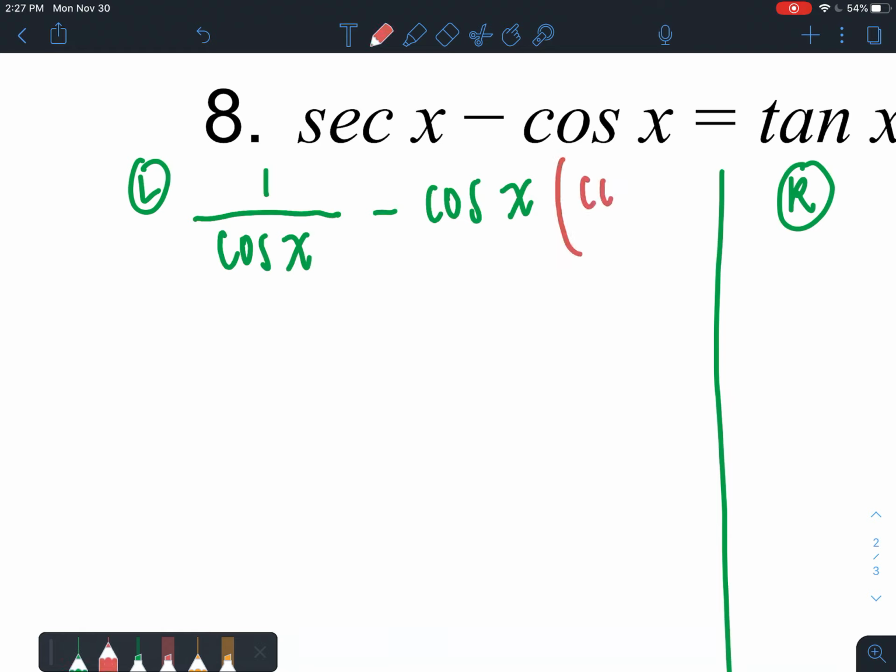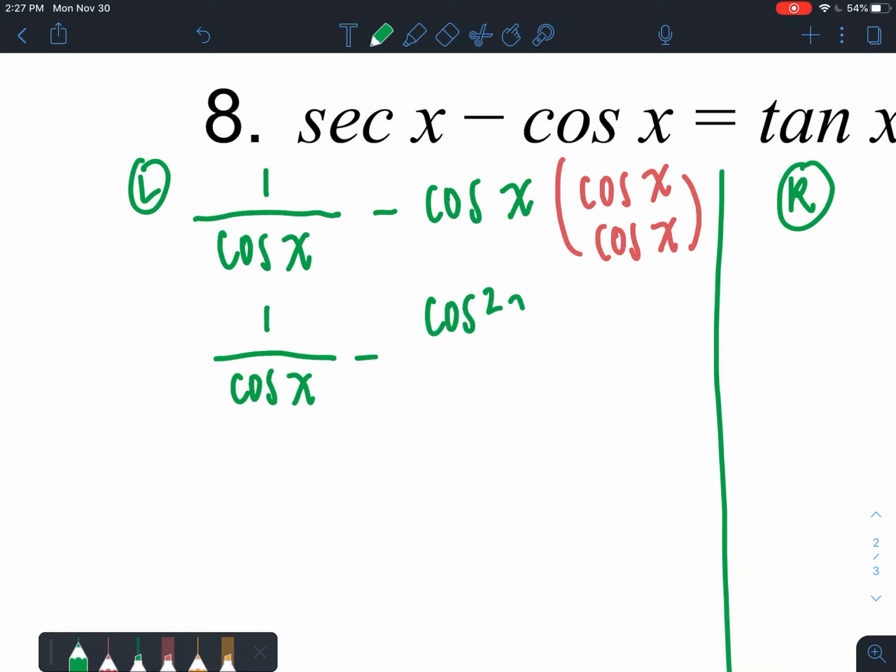Let's get a common denominator here. So I have 1 over cosine x minus cosine squared x over cosine of x. Let's combine.